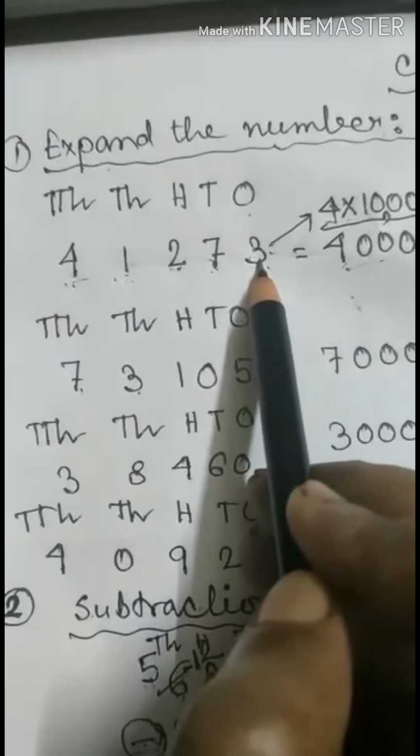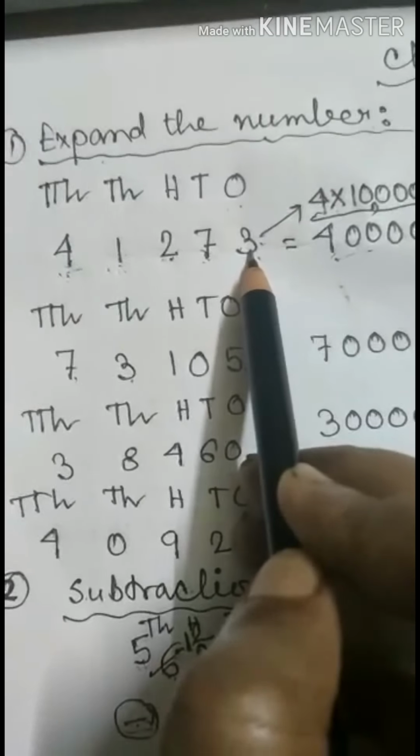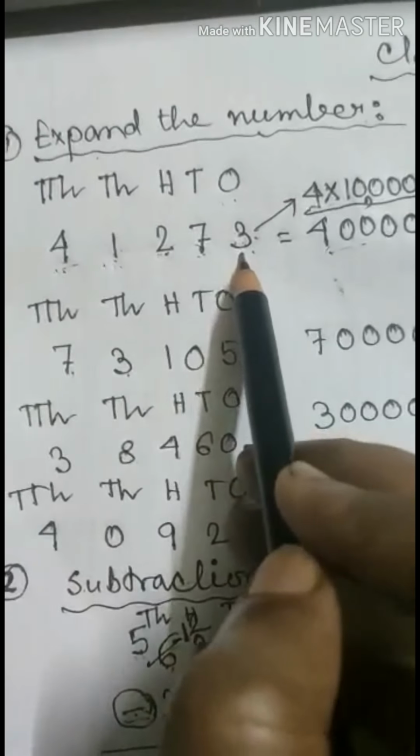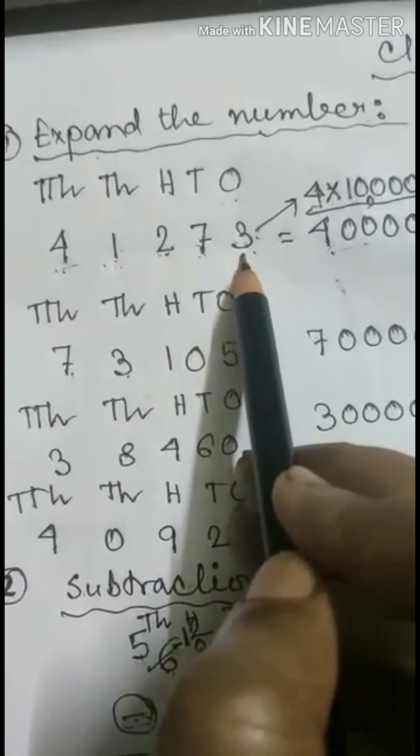We should expand this number. Expanded form means writing the place value of the different digits of the number and then adding them. Okay.